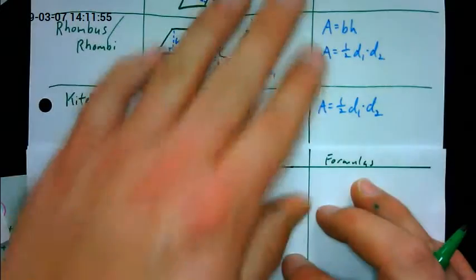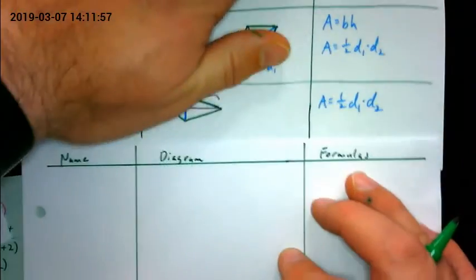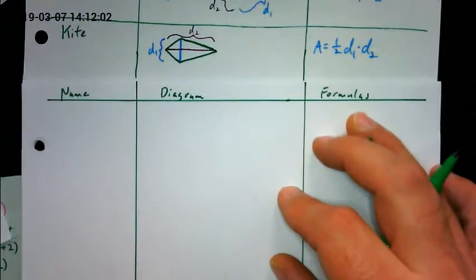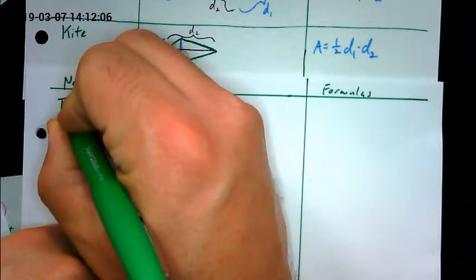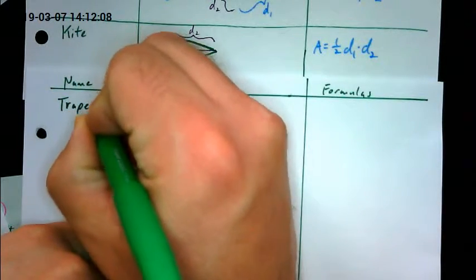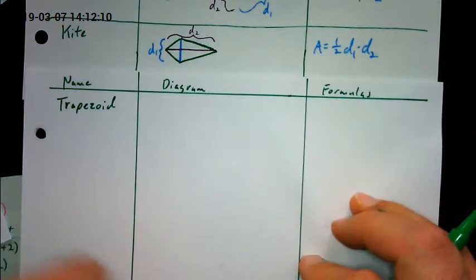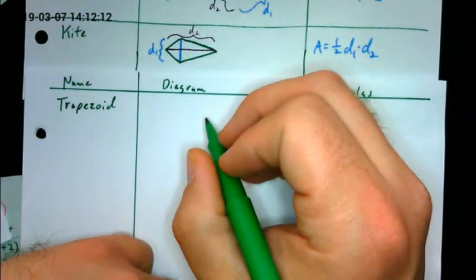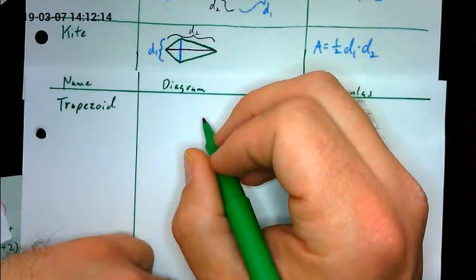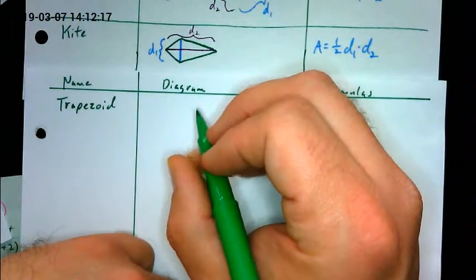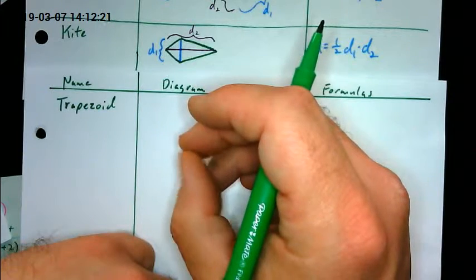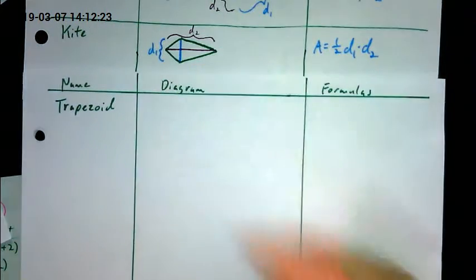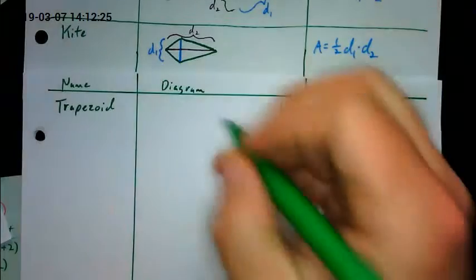So the last, guys. All right. The last polygon is a trapezoid that we're going to have a formula for. Ladies and gents. Do we determine the letter Q in any of these?